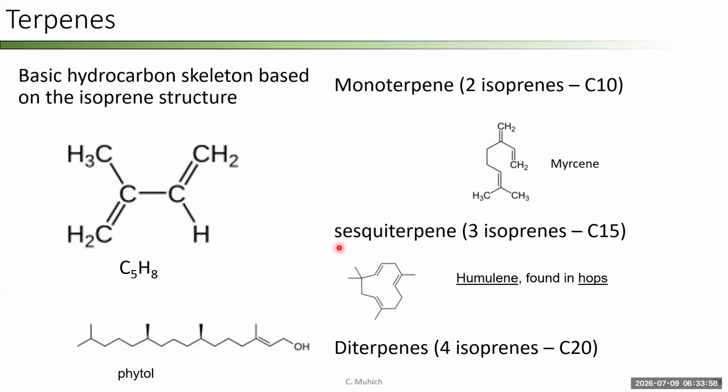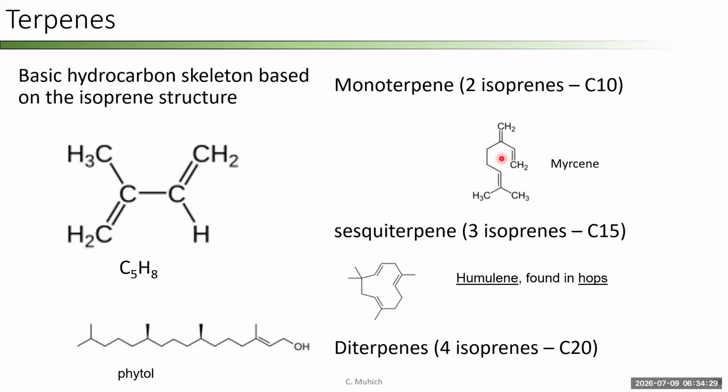We can have sesquiterpenes, which have three isoprene units, 15 carbons. An example of this is shown here, humulene, which is what gives hops its distinct smell and flavor. And then we can also have diterpenes, which have four isoprene units. Here's an example of this, phytol.